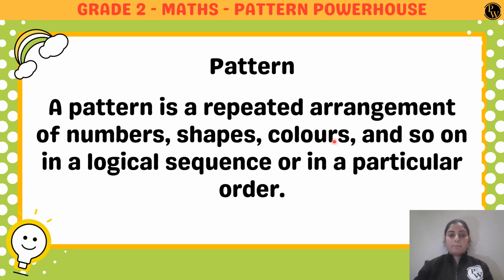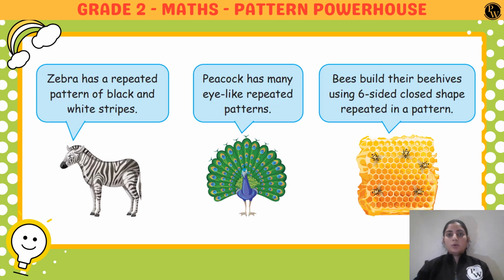A pattern is a repeated arrangement of numbers, shapes, colors and so on in a logical sequence or in a particular order. So we can see patterns in our surroundings in various forms. Here we have a few examples of it.